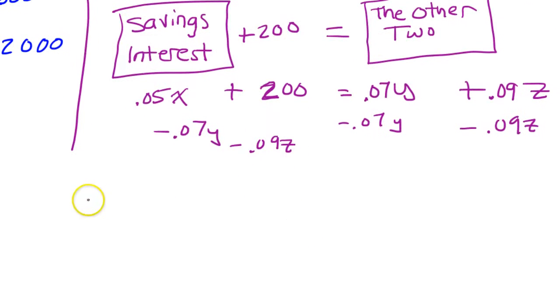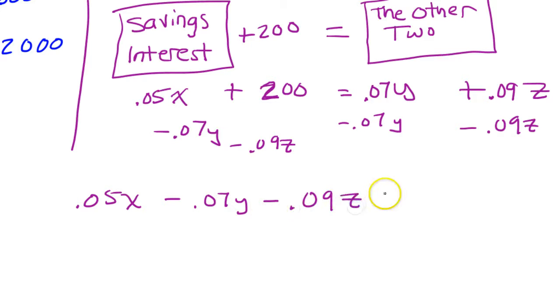Okay, so that would give me 0.05x minus 0.07y minus 0.09z plus 200 is equal to 0. And then we subtract 200 from both sides.